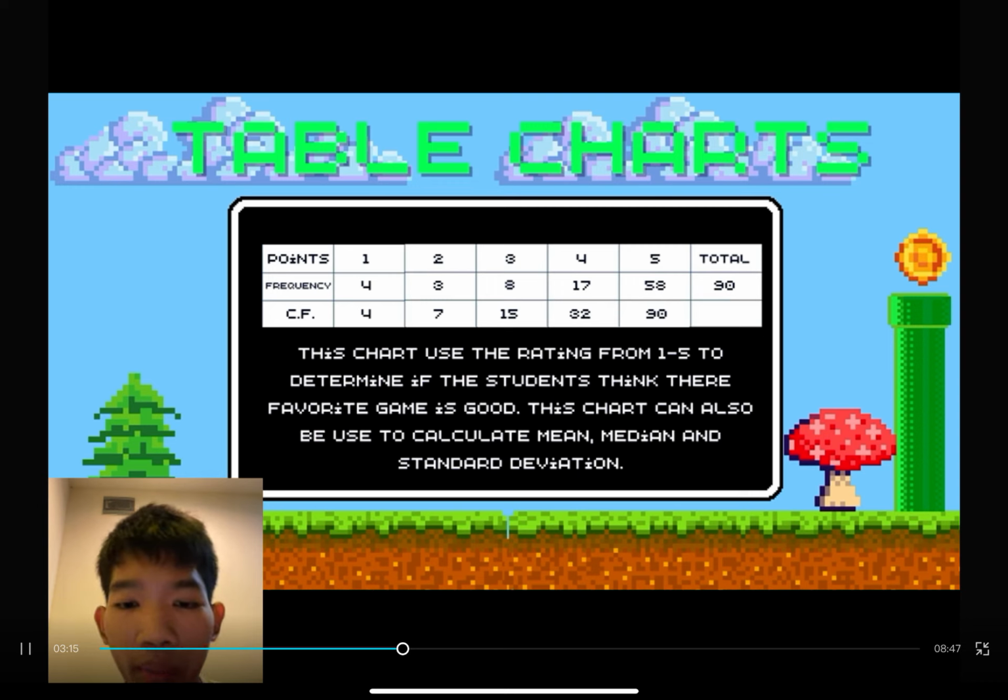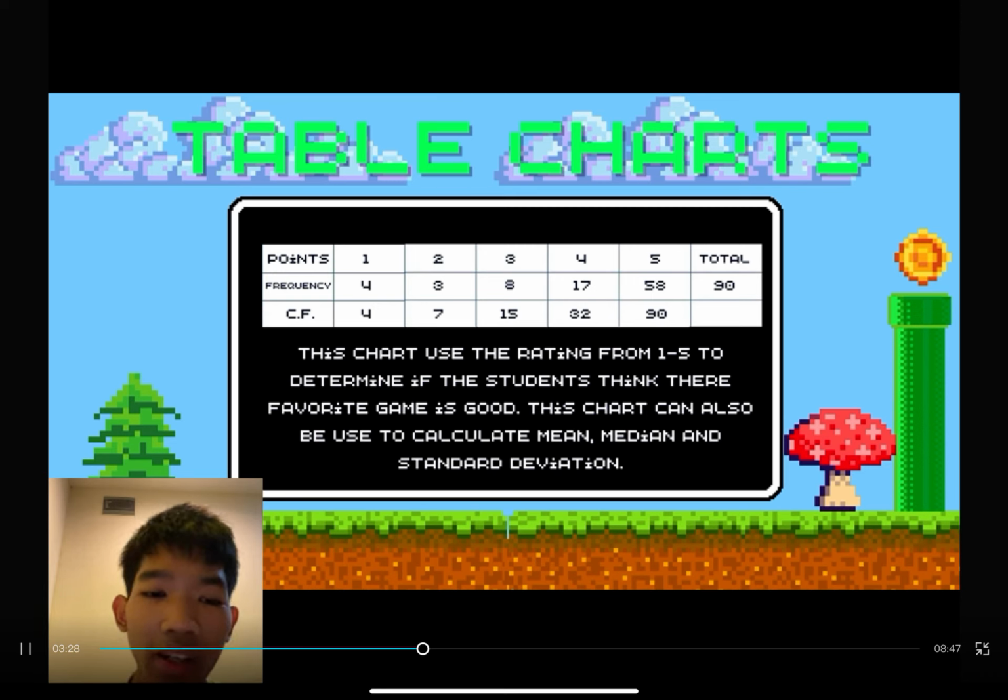So from our survey, we can conclude that only 4 students think that their favorite game is not that good, not satisfied with it, at 1 point of rating, and 3 students give it 2, and 8 students give 3 points.